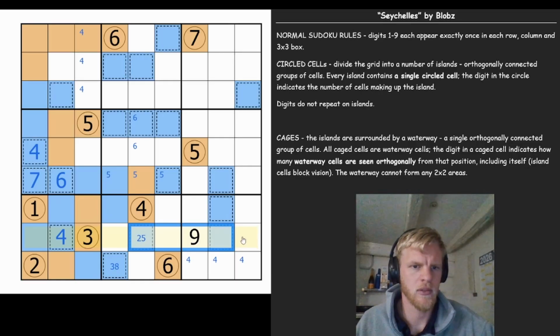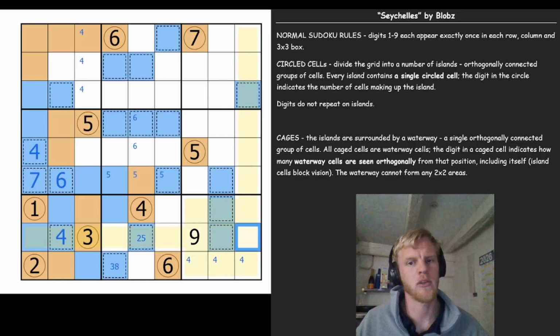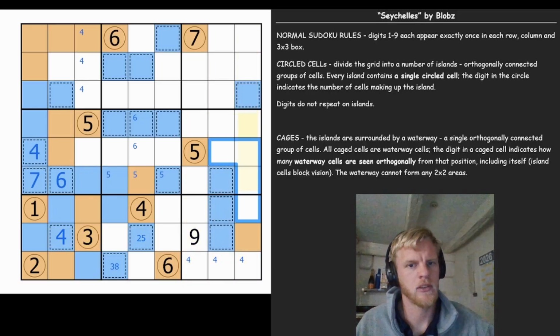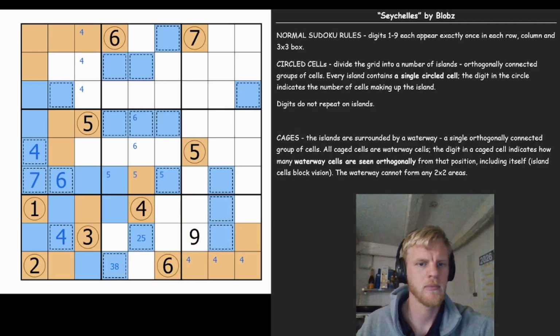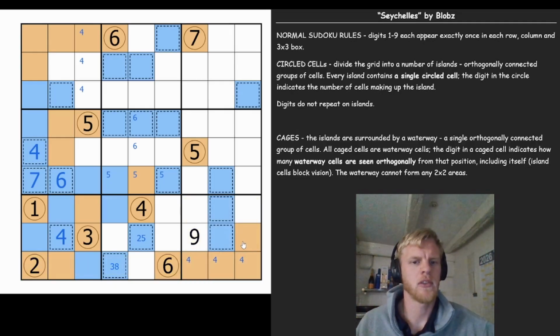So it's those 4 and one of those. Yeah, so this cannot be water, right? And this can't connect to the 5, so this needs to connect to the 6 island. So the 6th island already got 5, just like this.